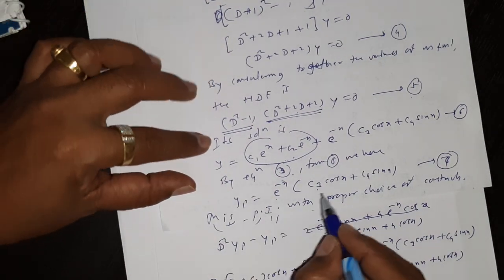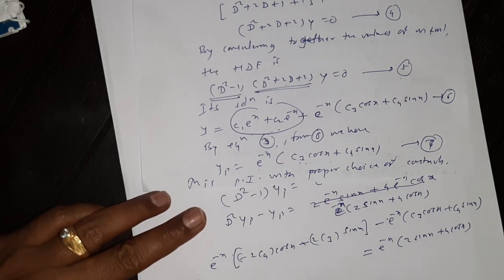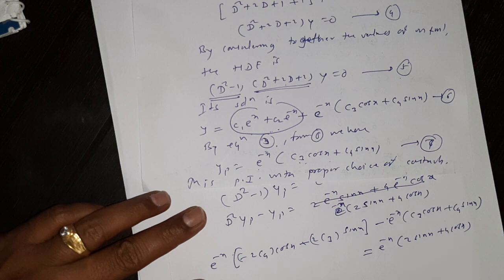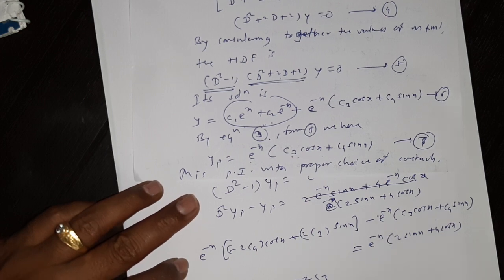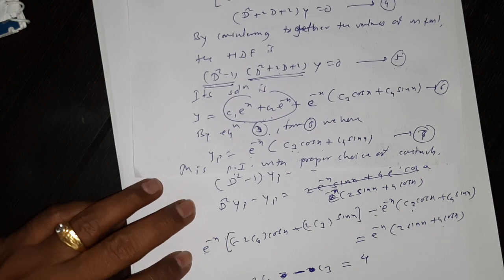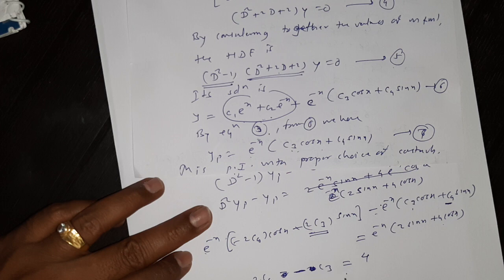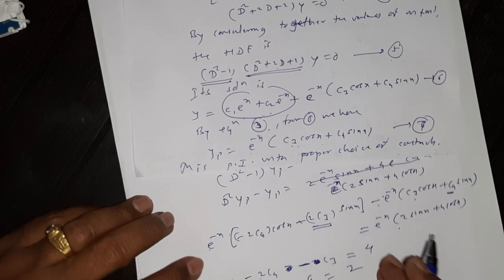Yp is e raised to minus x (c3 cos x plus c4 sin x). So the coefficient of cos x on the LHS is minus 2c4 minus c3, which is equal to 4, and the coefficient of sin x is 2c3 minus c4, which is equal to 2.